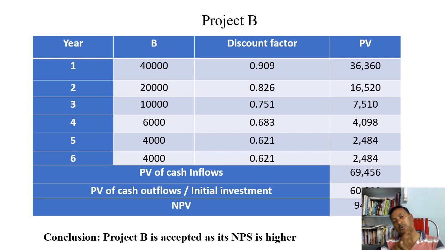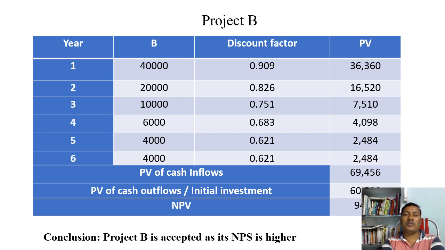Sixth year 4,000 into 0.621, that becomes 2,484. The sixth year is the scrap value. So even the scrap value is to be converted into the present value by considering the discount factor. So the present value of cash inflow will become 69,456.